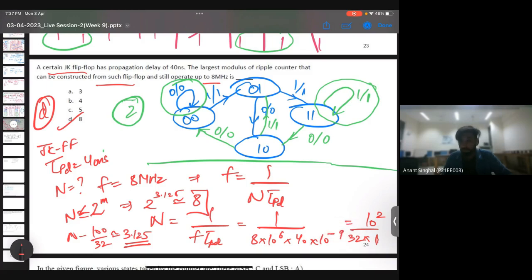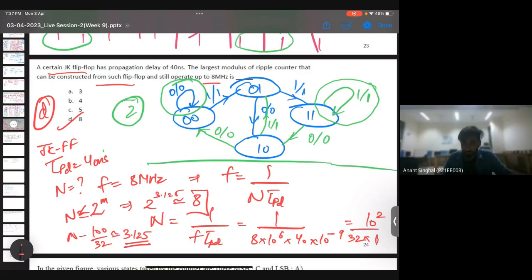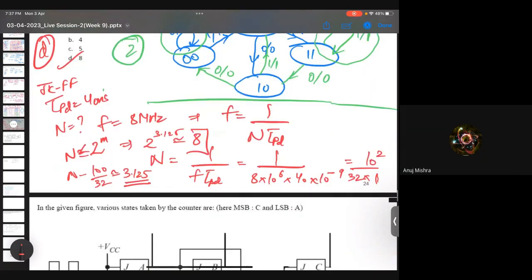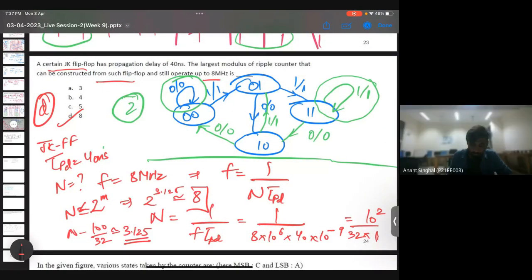So in this question, we are going to find out the ripple counter. The same formula we are going to apply: f is equal to 1 upon t. This formula will be applicable everywhere.